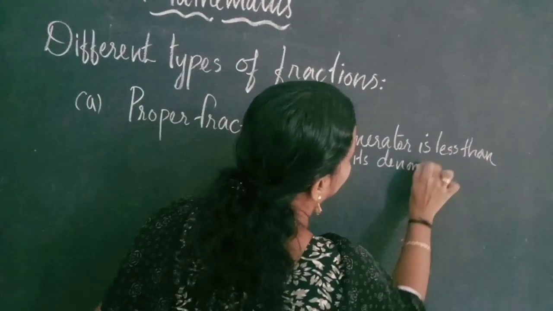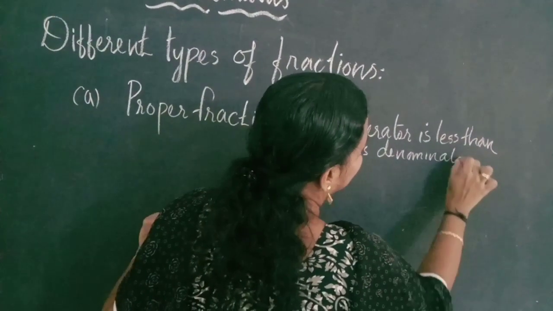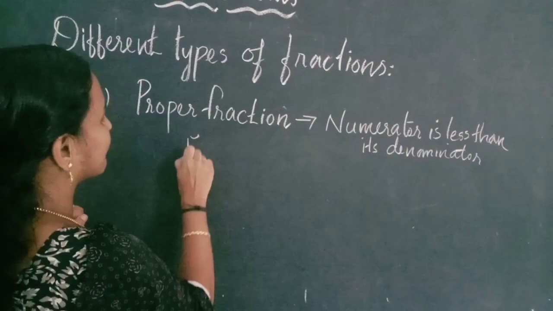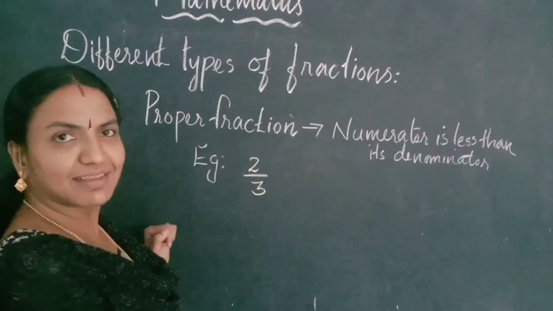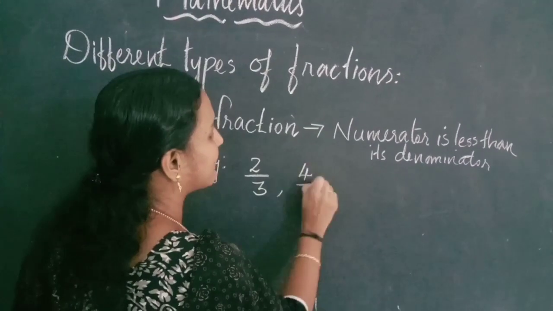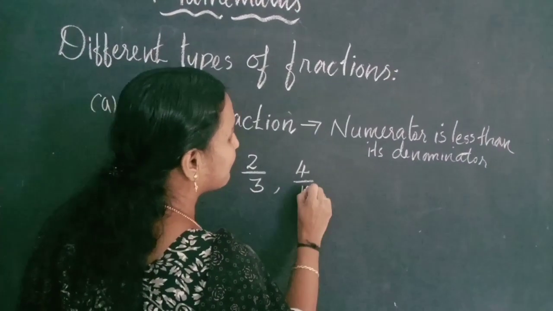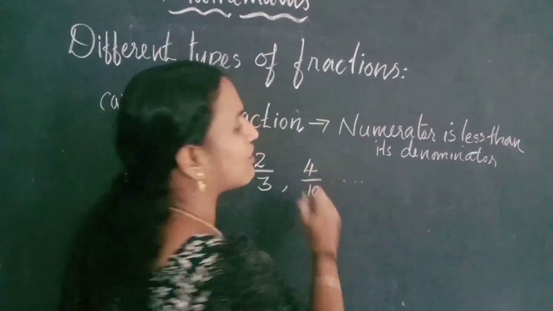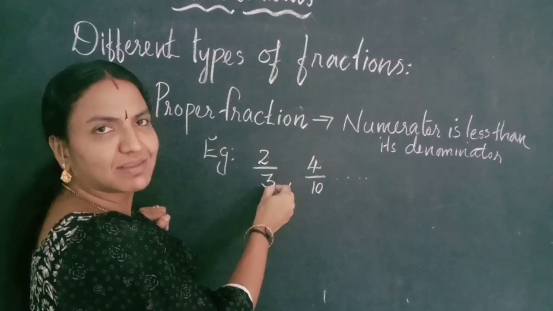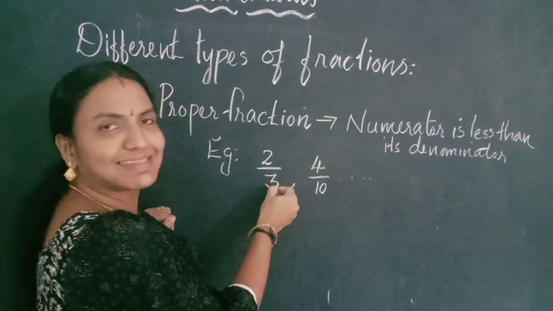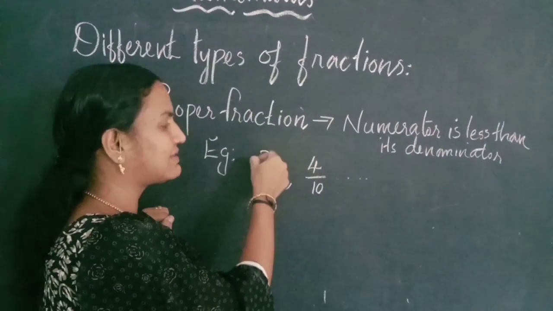For example, 2 divided by 3, 4 divided by 10. These are examples of proper fractions. Here the numerator is 2 and the denominator is 3. The numerator is less than the denominator, so the numerator is small.